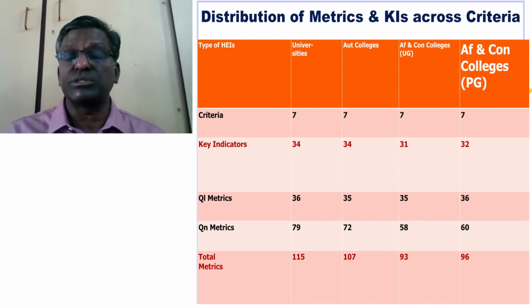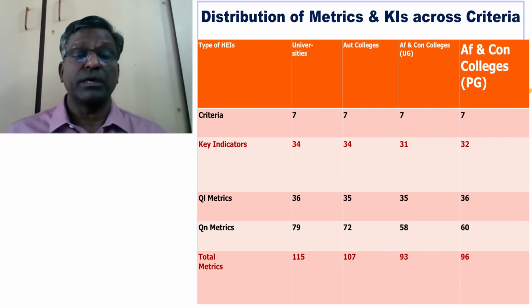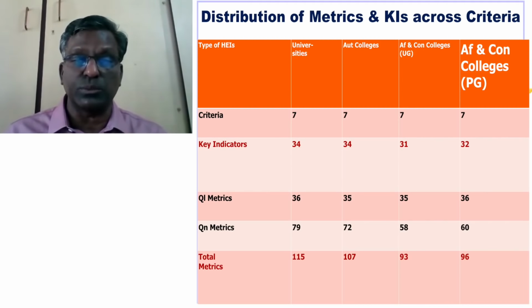In the case of universities and autonomous colleges, it is 34 each. Whereas in the case of affiliated and constituent colleges, which offer both UG and PG programs, we have 32 key indicators, whereas in the case of affiliated and constituent colleges, which offer only UG programs, we have only 31 key indicators. So I said there are 3 key issues. Number 1, criteria, 7 criteria, then key indicators, 34, 34, 32, and 31.